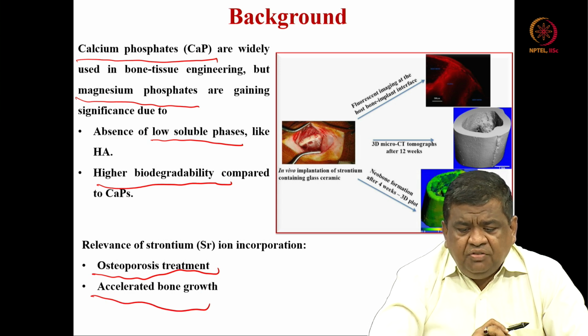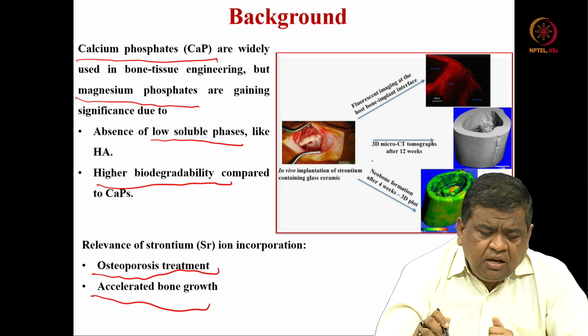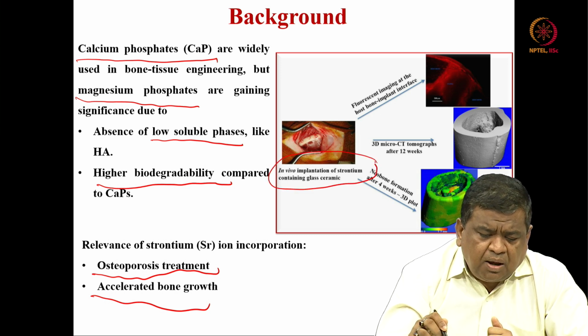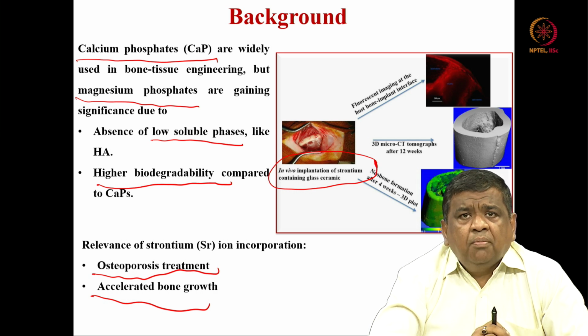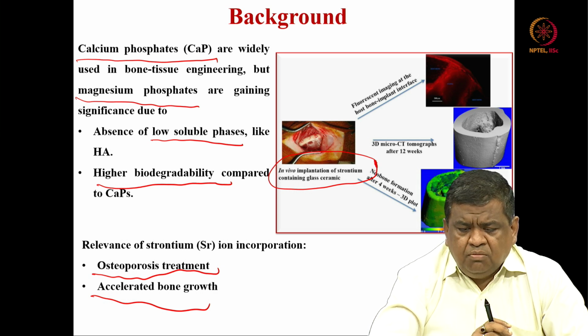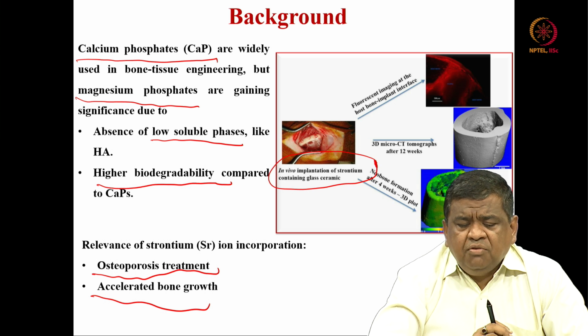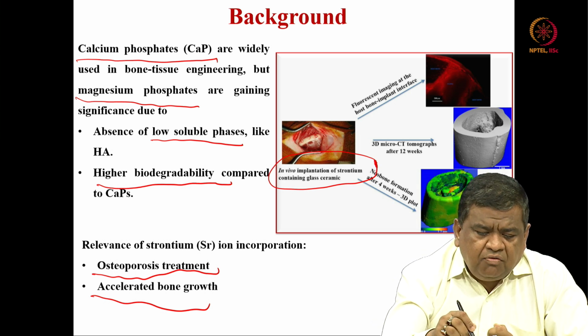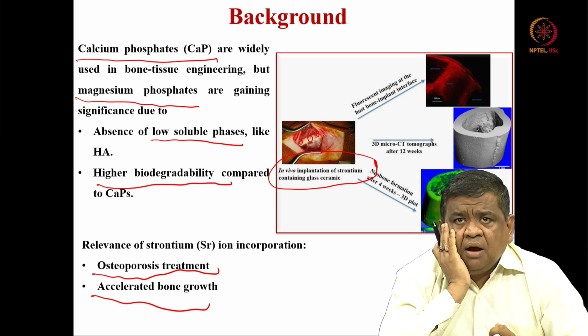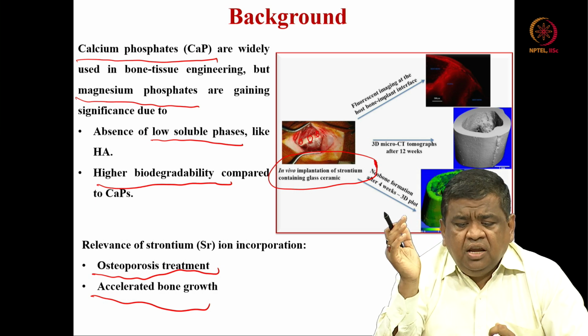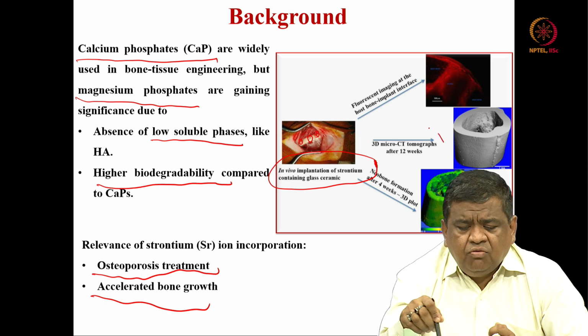cement. This schematic shows one of our earlier works, published in Biomaterials, on strontium containing glass ceramic materials from our group in collaboration with the University of Birmingham, UK. We implanted them into a rabbit model, in the femoral defects, and observed the animals' activity, and then sacrificed them after 12 weeks.